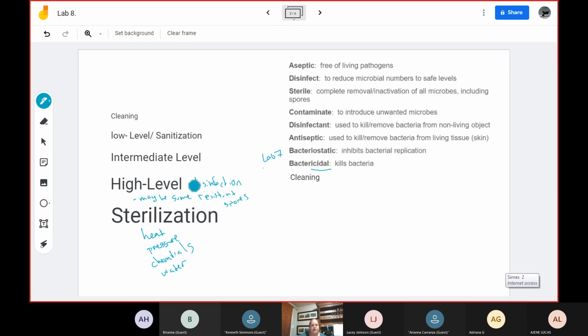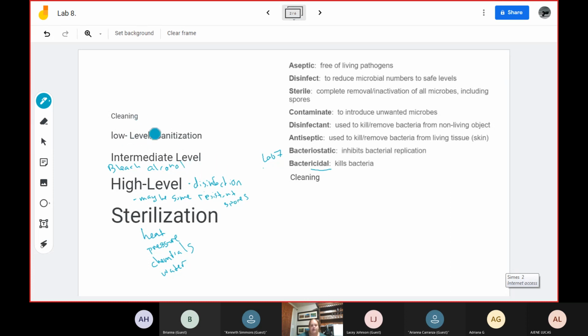Your intermediate level is similar. You can use, I think, like bleach, alcohol would fall into your intermediate to low, where you're going to kill most microbes, but you're probably still going to have some spores or resistant microbes surviving.